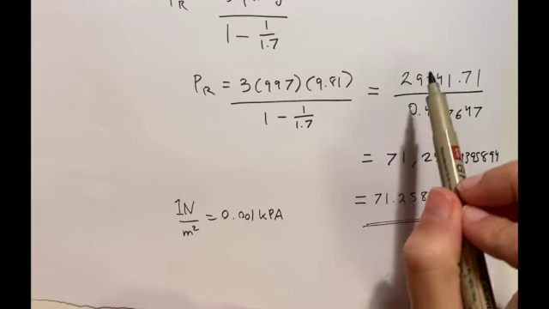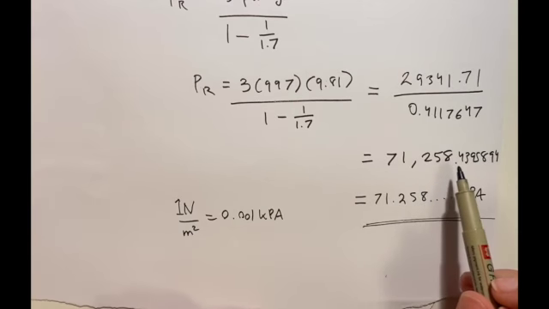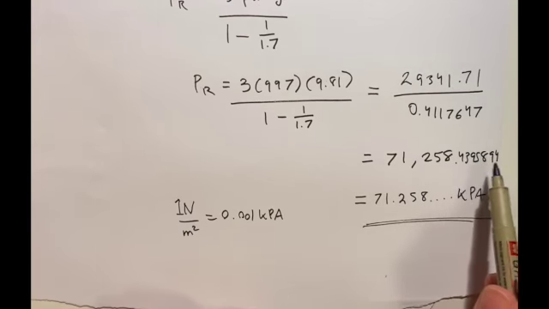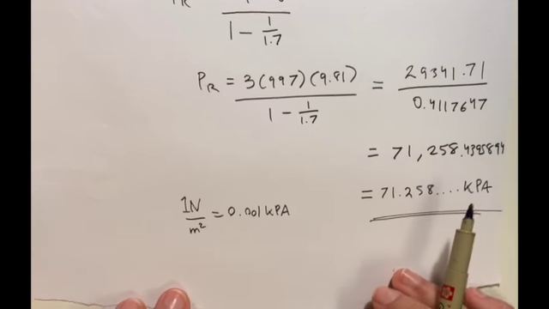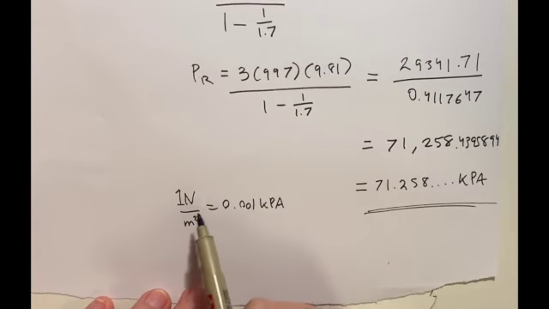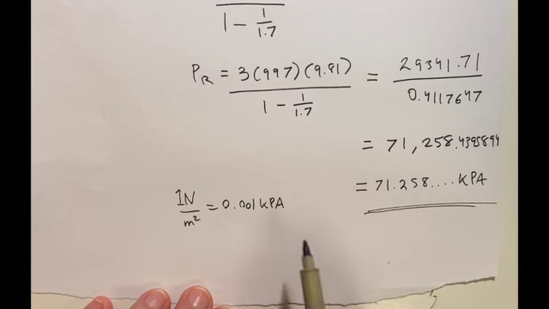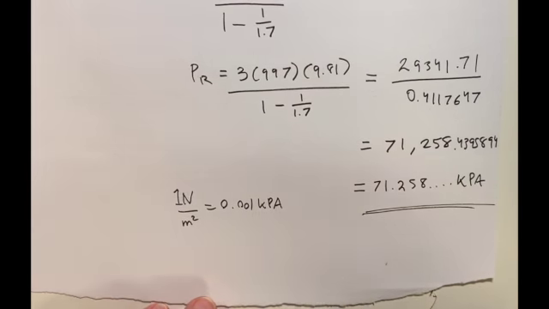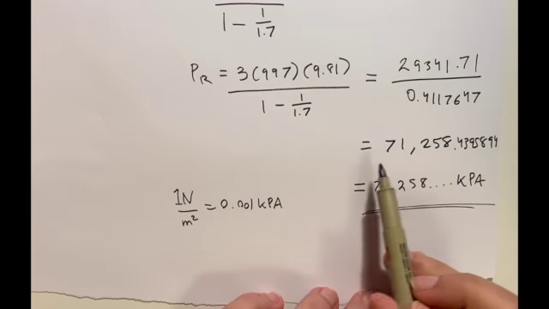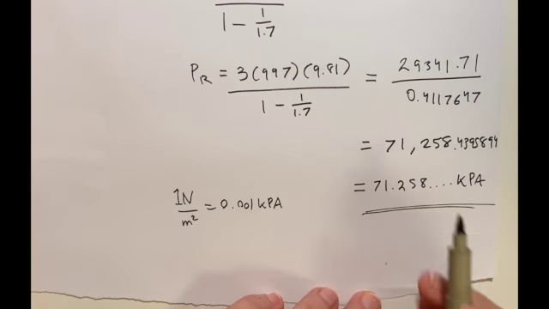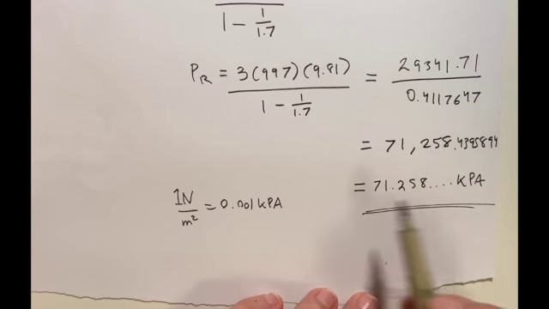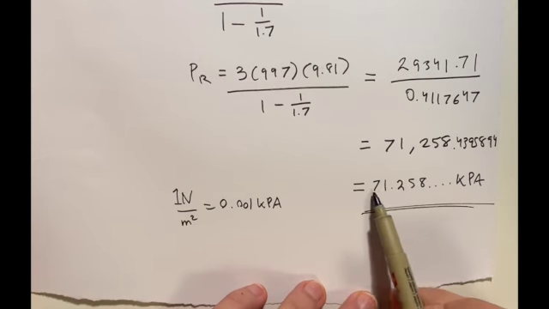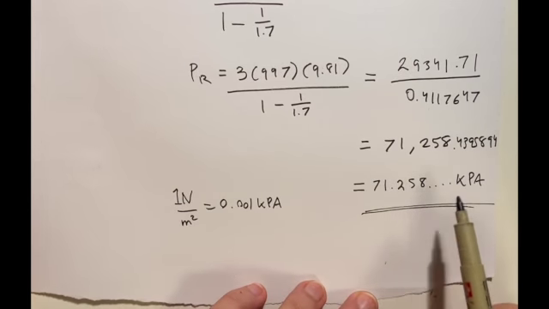Now this number comes out to be 71,258.4395894, and this is in units newtons per meter squared, which is equal to 0.001 kilopascals. So if we divide this answer by 1,000, we will have our final answer in terms of kilopascals, which turns out to be 71.258 kilopascals.